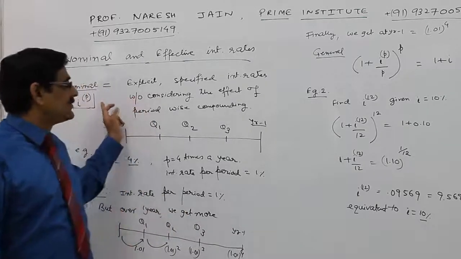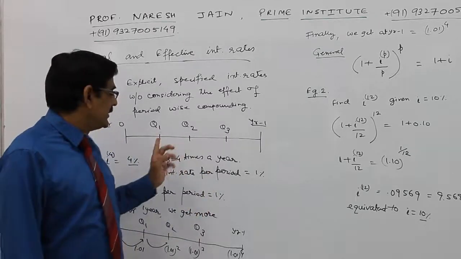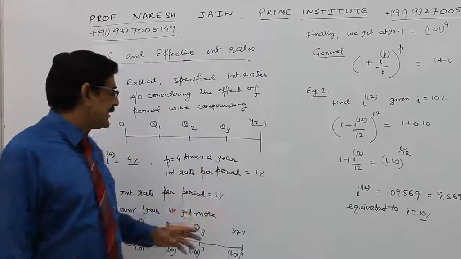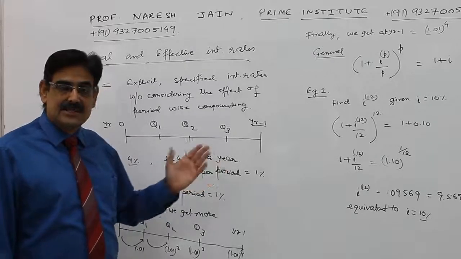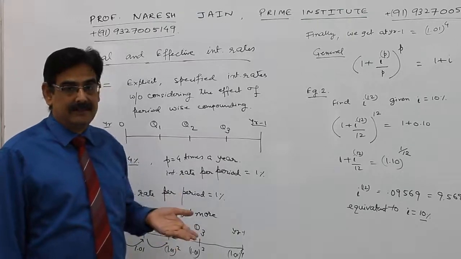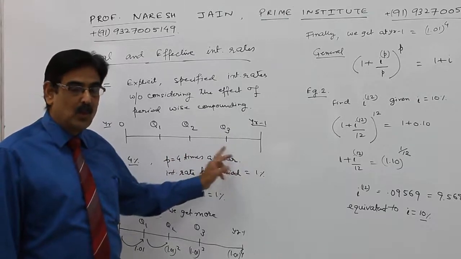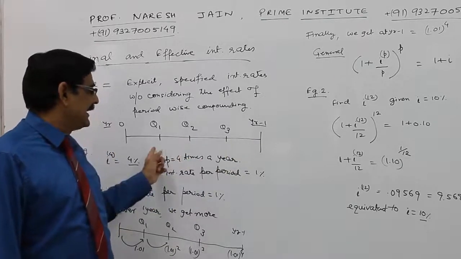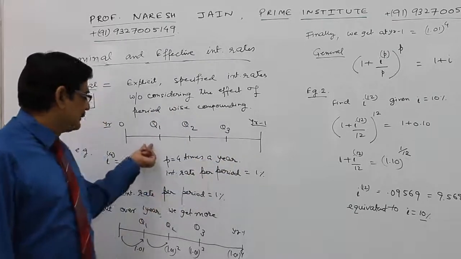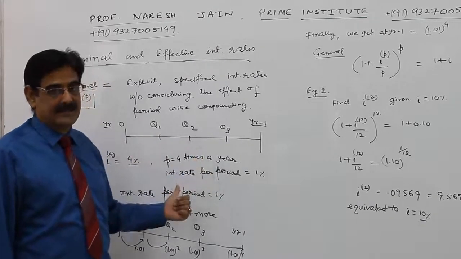So when the nominal interest rate is mentioned as 4%, we say that the interest rate specified on the instrument certificate is 4%, but this does not take the effect of short-term compounding within the year into account. If the compounding takes place 4 times a year, quarterly, and 4% is the nominal interest rate mentioned on the instrument, then the period is one quarter, so the interest rate per period is 1%.